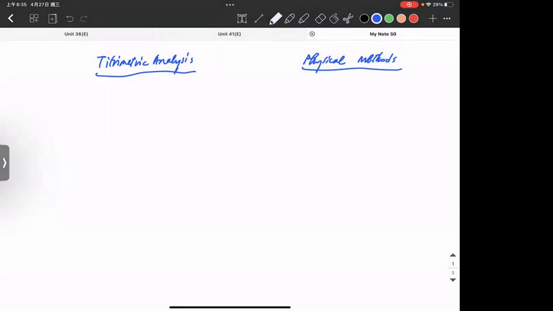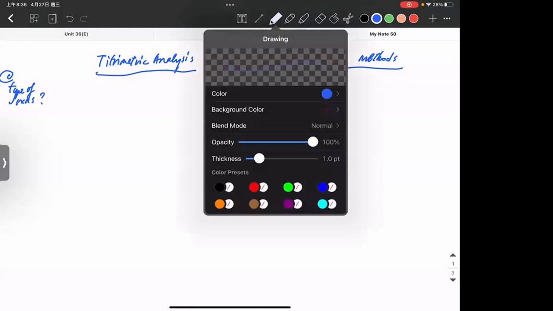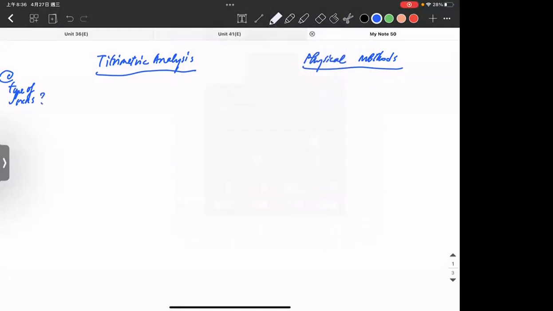First of all, type of reactions. It only suits certain types of reaction, right? For physical methods, what are they? Can you think of it? Type of reactions. Zhang Dale. Change in mass, right? Compare the difference between the two.